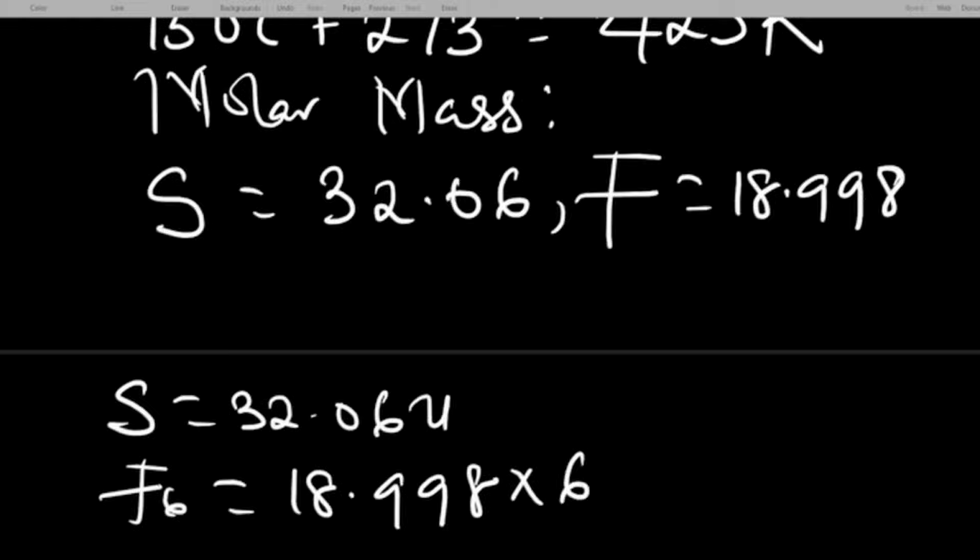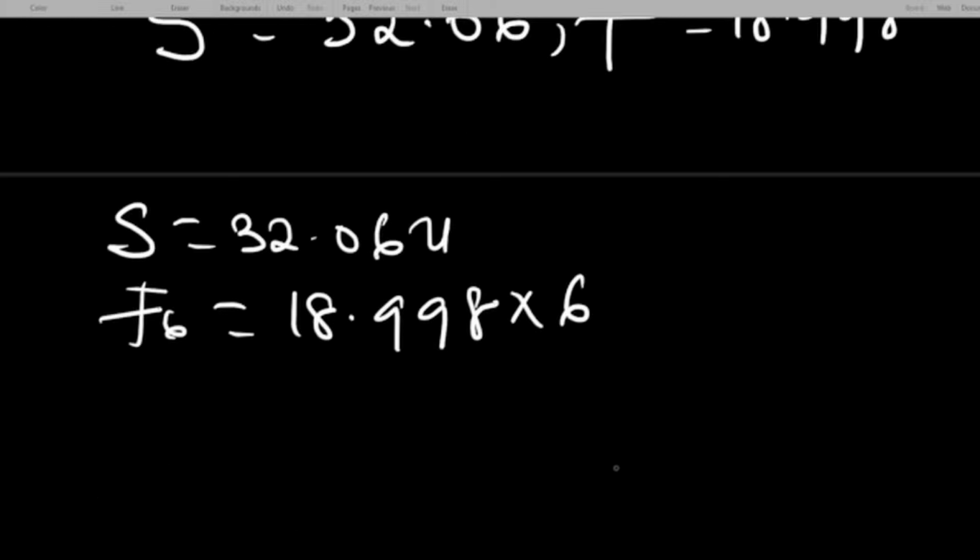When you multiply 18.998 by 6, this gives me 113.988, so let's use 113.988, that's okay.